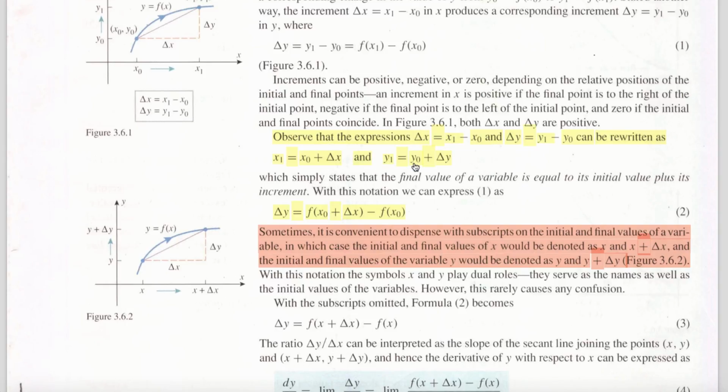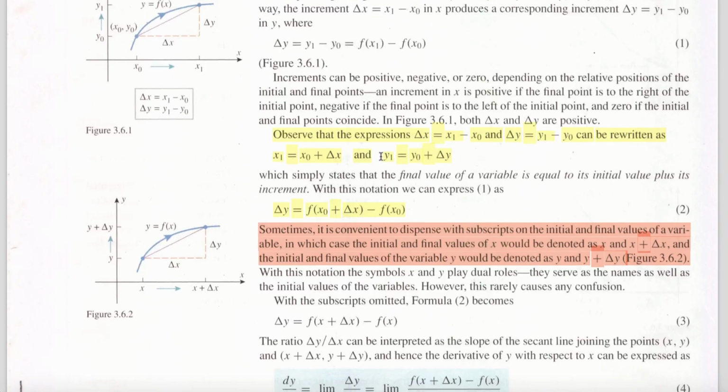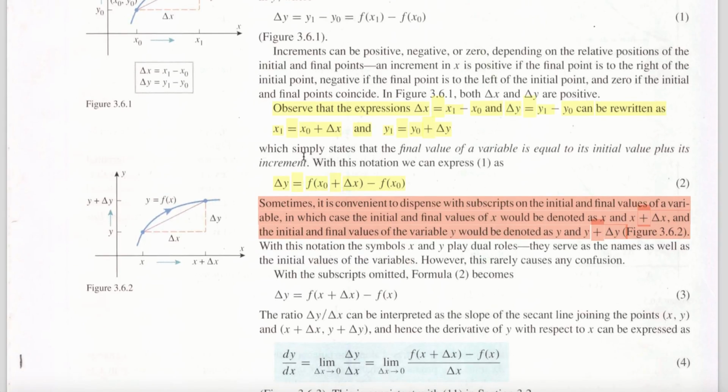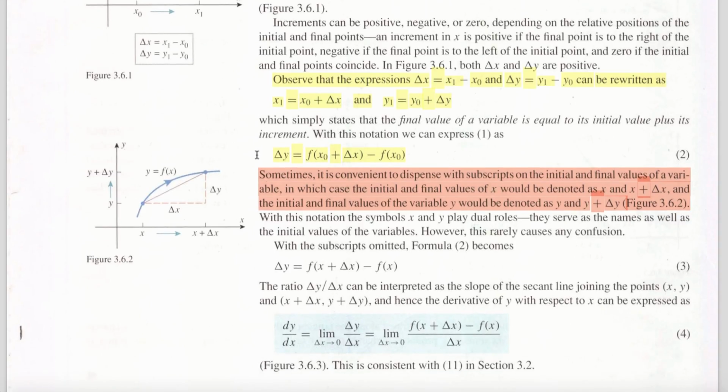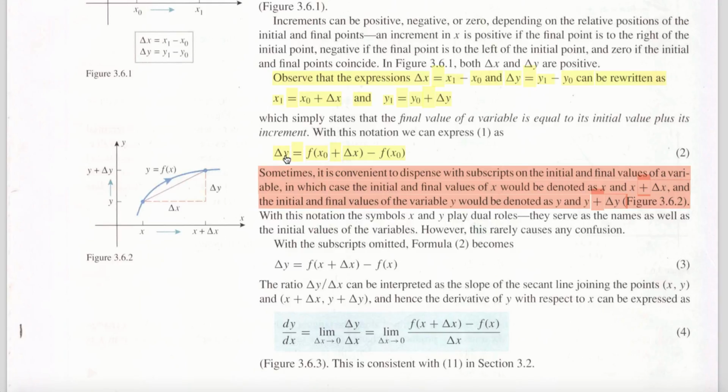You take y naught, update it with delta y, and you get y1. This simply states that the final value of a variable is equal to its initial value plus its increment. That's probably worth journaling right there, these equations and that sentence. Delta y can also be viewed as the difference of f of x naught plus delta x minus f of x naught. It's a good idea to journal that equation because we're going to use it.